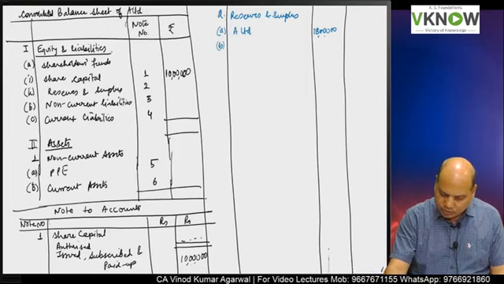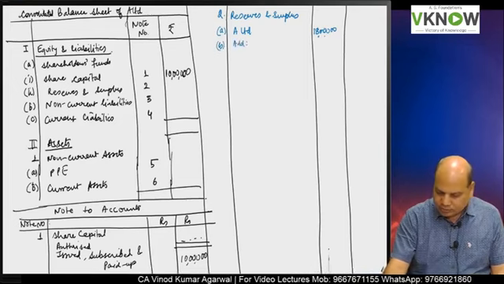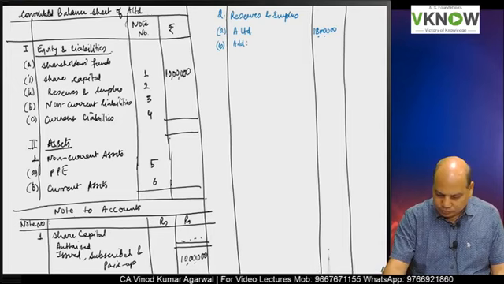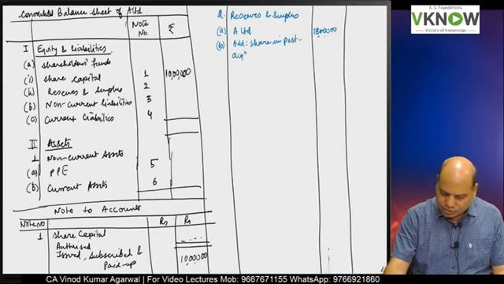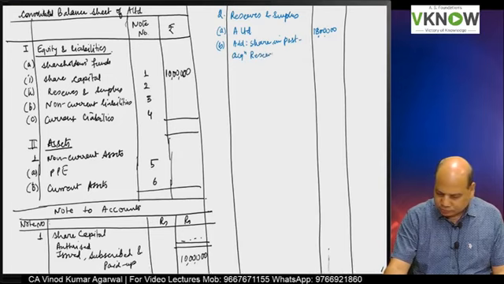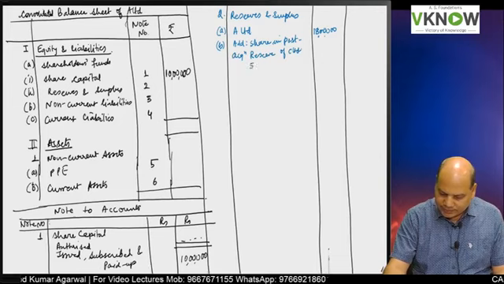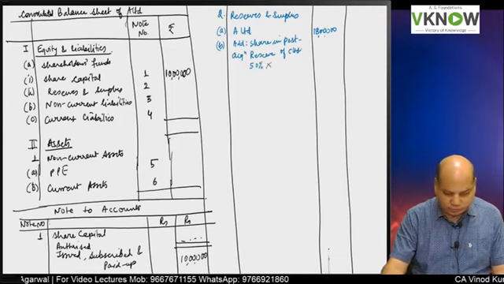And point number B, add share in post acquisition reserve C Limited, which is 50% of 12 lakh.